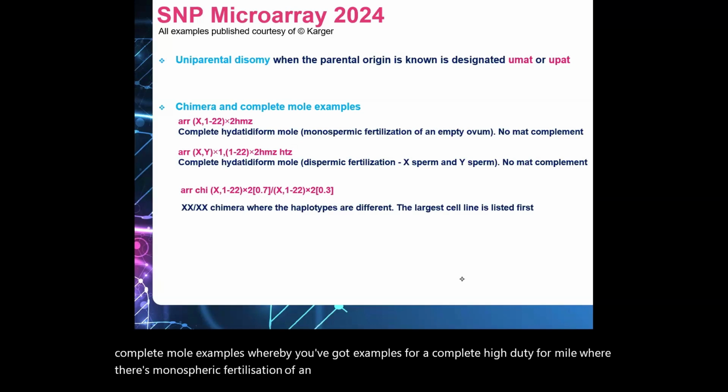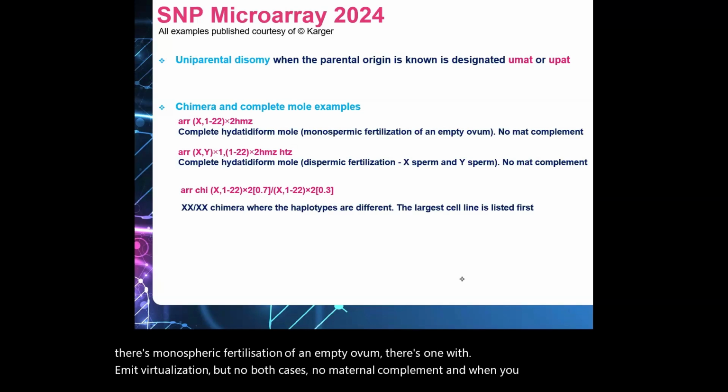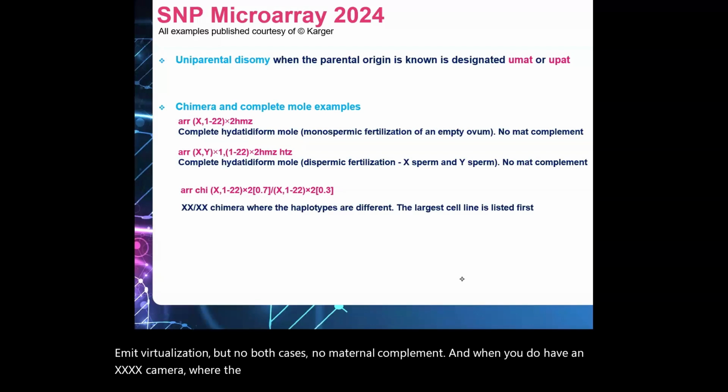There's one with dispermic fertilization, but in both cases, no maternal complement. And when you do have an XX chimera where the haplotypes are different, then the largest cell line is listed first. So we've hopefully given you examples which will cover your clinical scenarios.